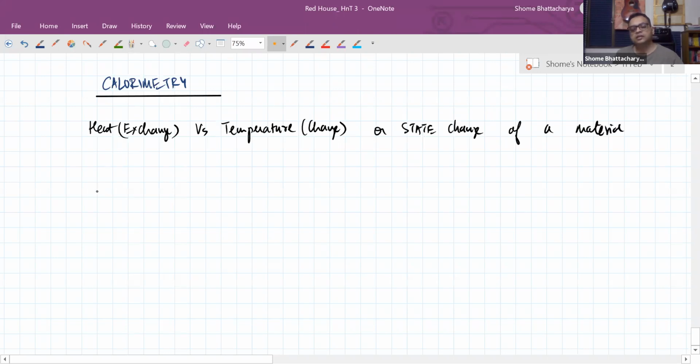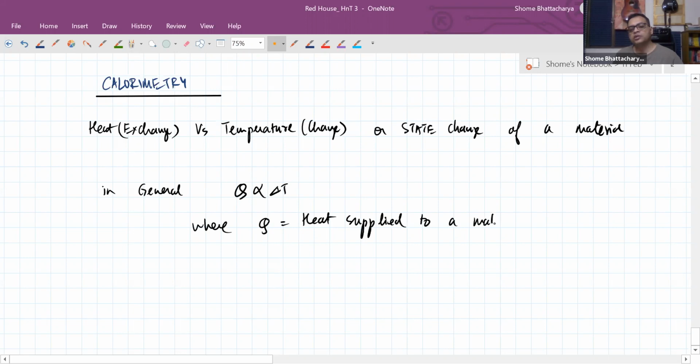So you can see that in general, Q is directly proportional to delta T, where Q is the heat supplied to a material or a body. Okay. And delta T, that's in joules, let's say. And delta T is its temperature change.